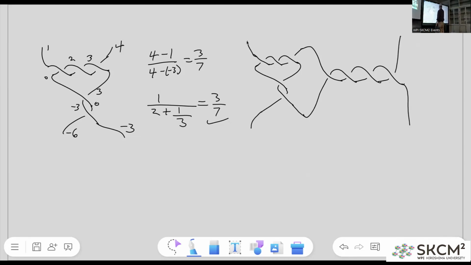And we'll go through the coloring process again. 0, 1, 2, 3, 4. And 3, and minus 3, and minus 3, and minus 6. And you see that I can think of doing just that. When I add the extra twist, I just take the colors on the right and feed them into the twist.